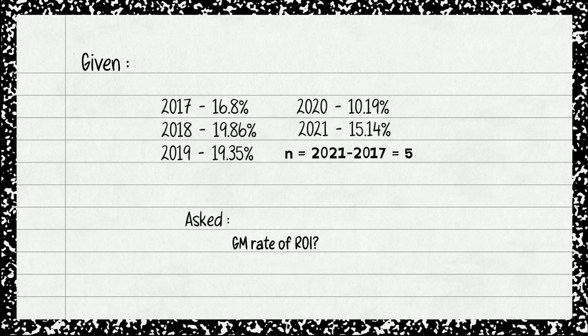The value of n, we get it from how many years are in the data. So from 2017 until 2021, it has 5 years in between. The question being asked is the GM rate of return on investment.